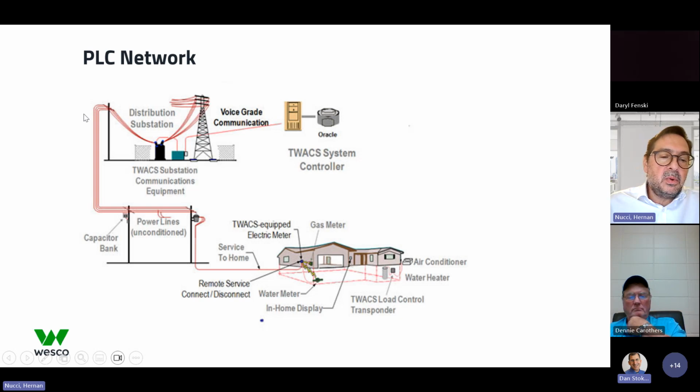So the signal goes through the power lines up to the consumption point, where you can read the meter and eventually even control load controls and even in-home displays in certain cases. This is a full-blown PLC two-way system. The most common use is just read the meters and not do much more than that.